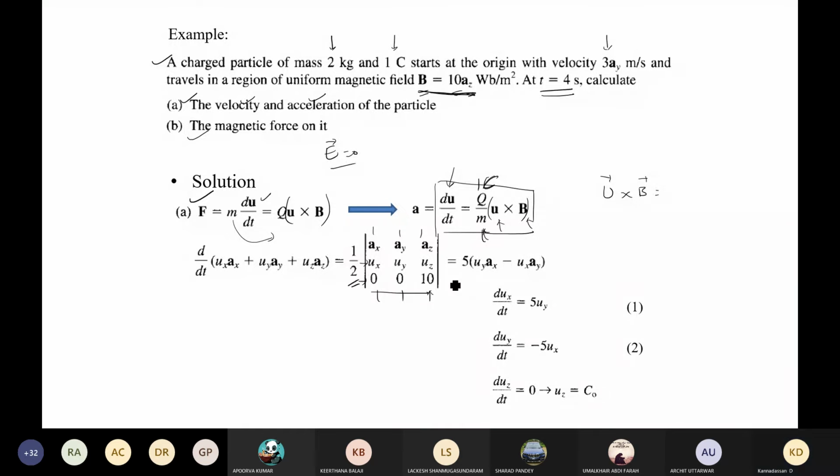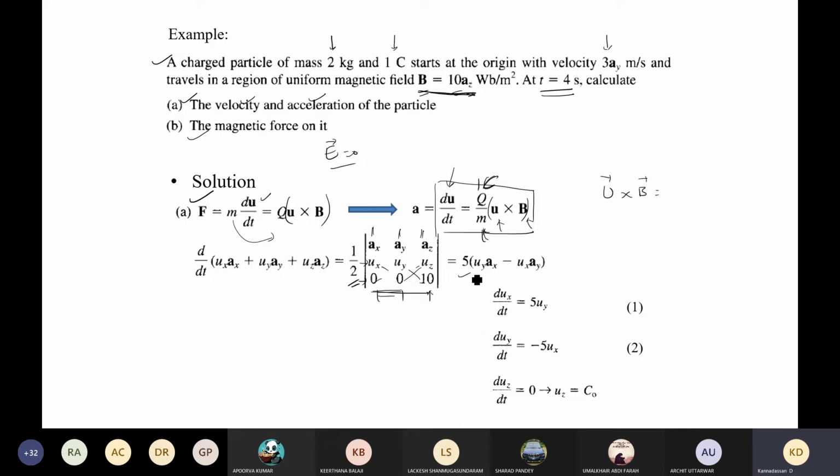That's all. So now when you multiply, with respect to ax, what you will get is plus 10, and with respect to y, once again this and this and this and this. So a y term will be available. A z term will become 0 because both the terms here are 0.